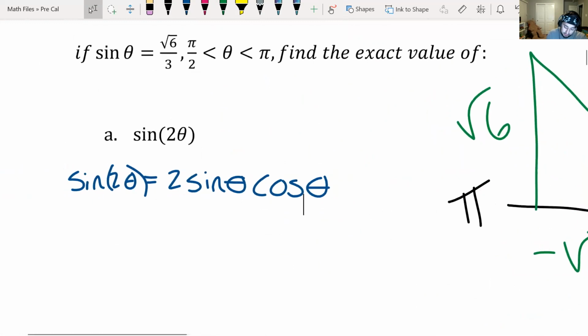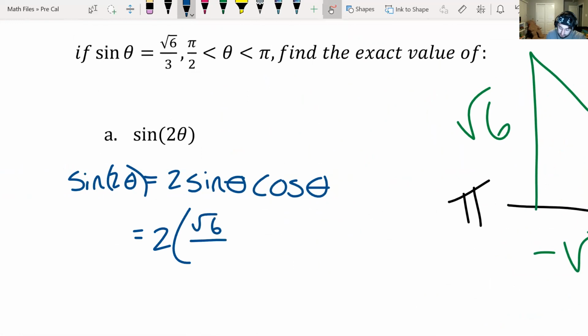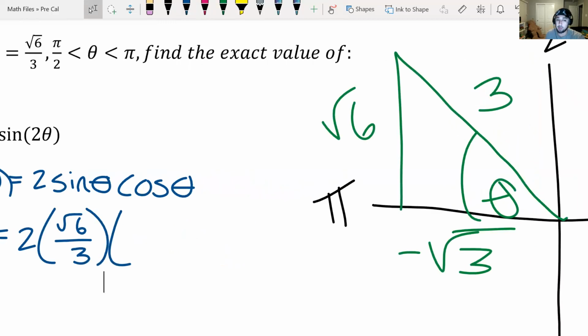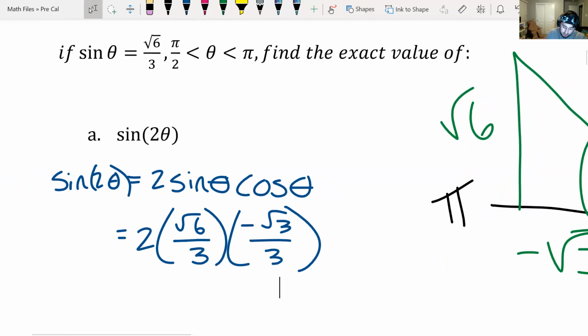So that's given already. So this becomes 2 times the square root of 6 over 3 times cosine, which is negative square root of 3 over 3. Negative square root of 3 over 3. Okay.